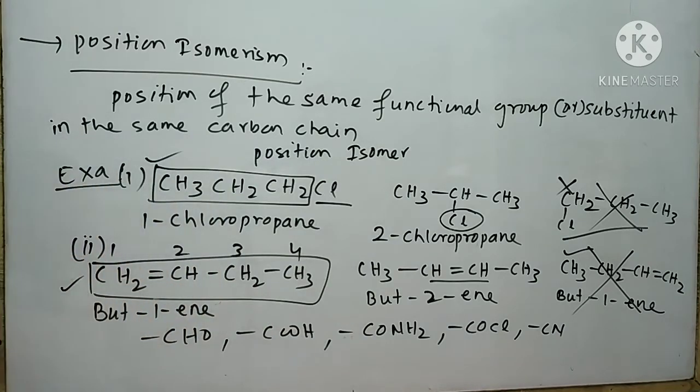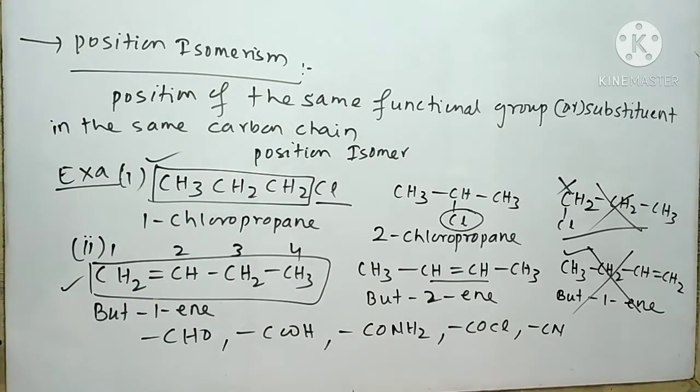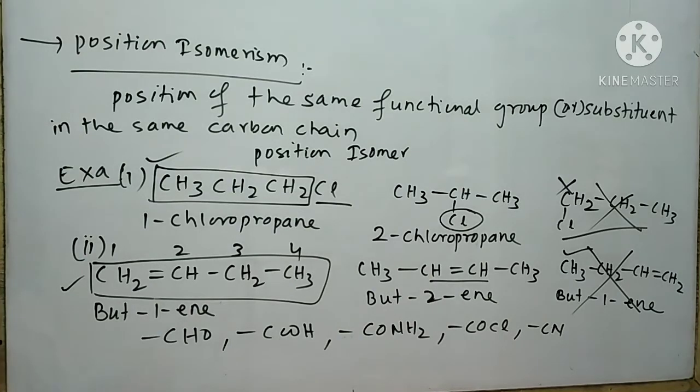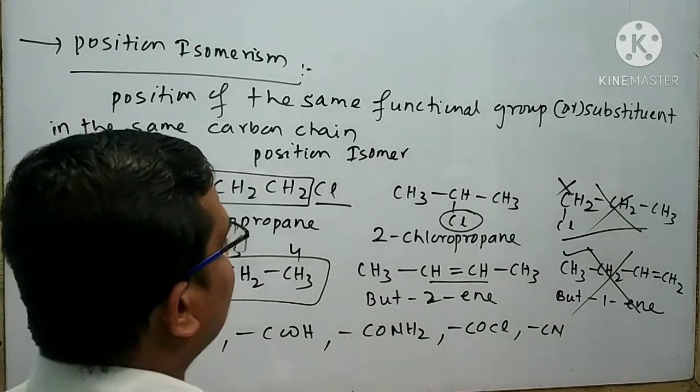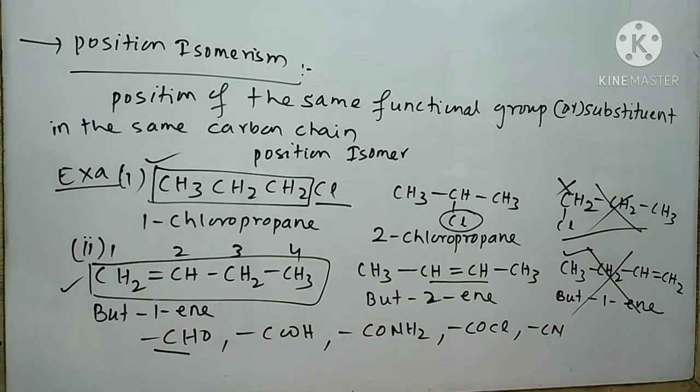These are said to be terminal functional groups because this type of functional group itself carries the carbon atom, and this carbon atom is counted in the numbering of the parent chain, and they always carry the position 1 in the numbering of the parent chain.